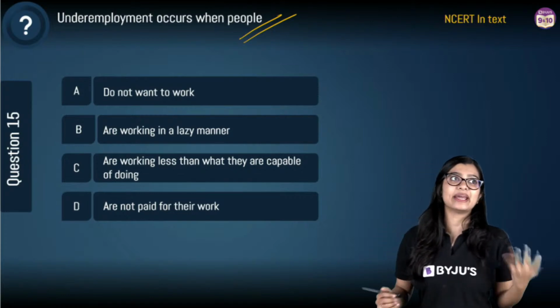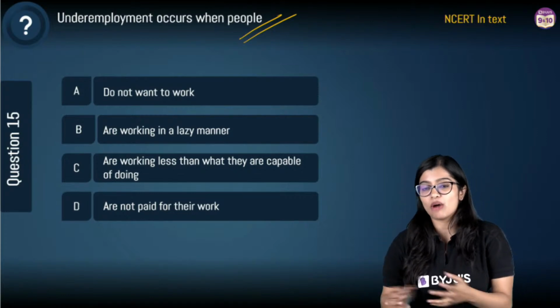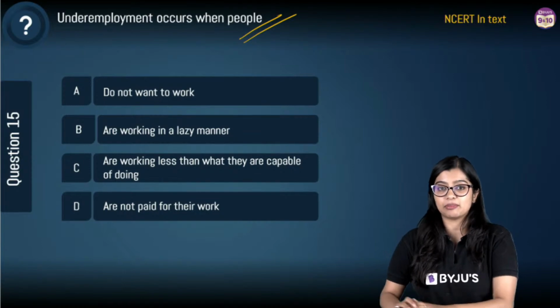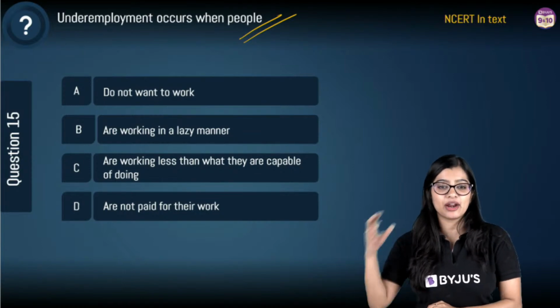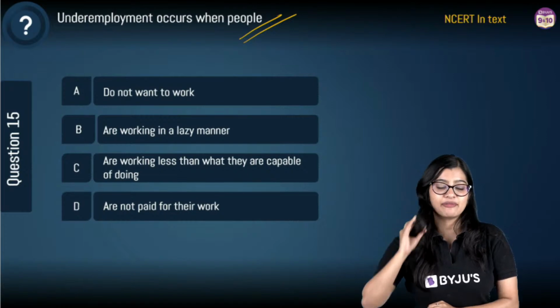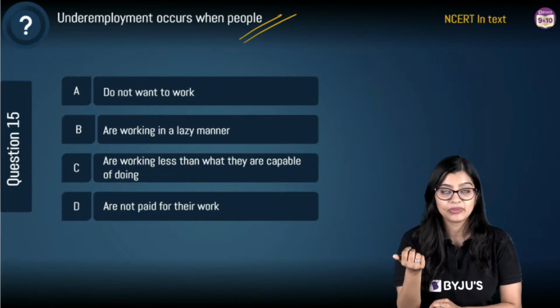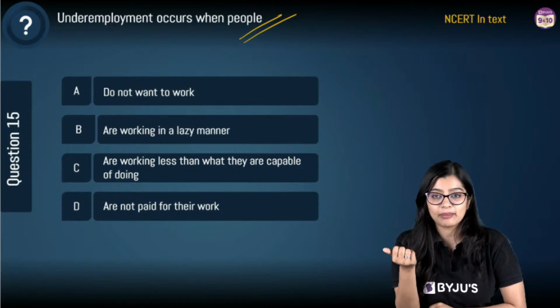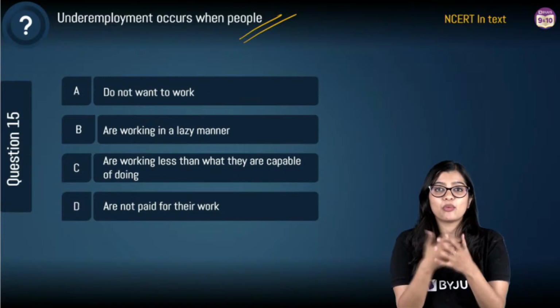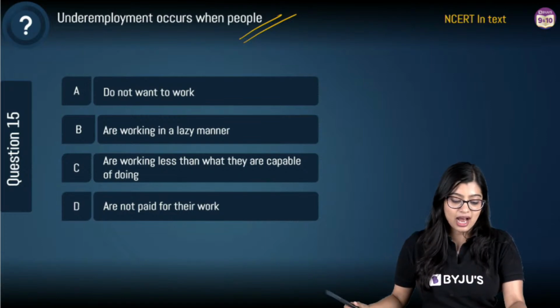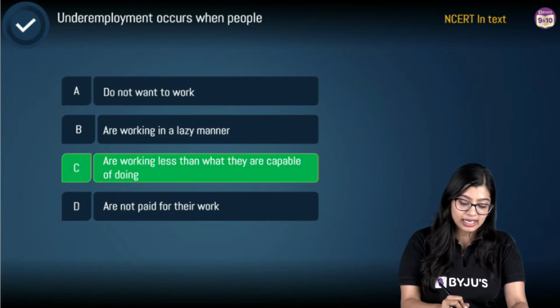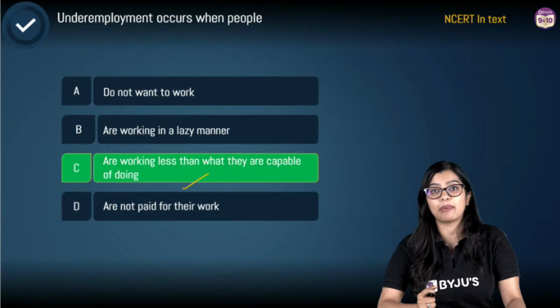See, seasonal unemployment is what you normally see with educated people, where for a brief period of time they are out of a job. Now, in disguised unemployment, or this type of underemployment, people are working less than what they are capable of.